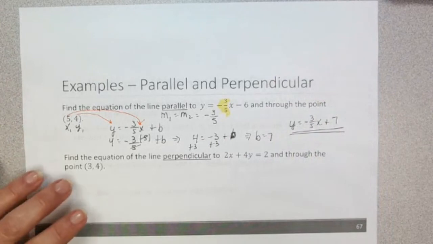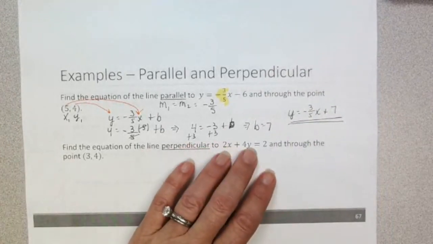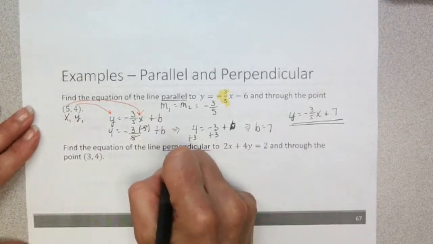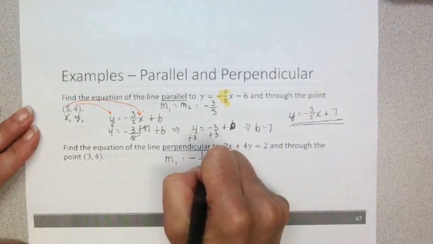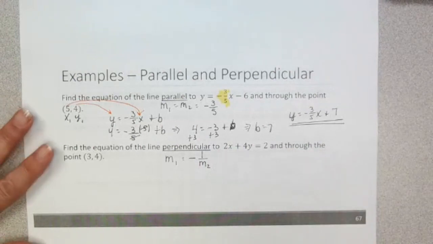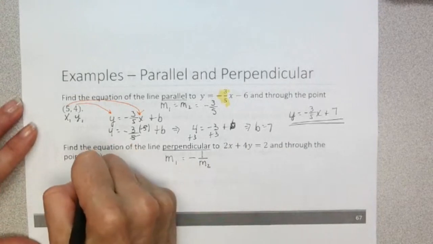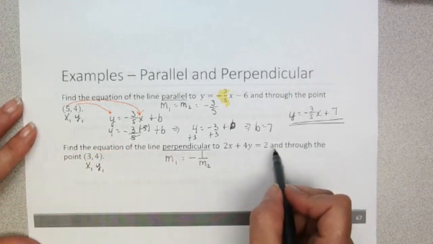What if I needed to find the equation of a line perpendicular to another line? Well, remember the relationship of those slopes. The slope of line 1 is equal to the negative reciprocal, or negative 1 over the slope of line 2. So my starting point here, and it goes through this point 3, 4. So I've got an x1, y1, but this is not in the right form to determine the slope.